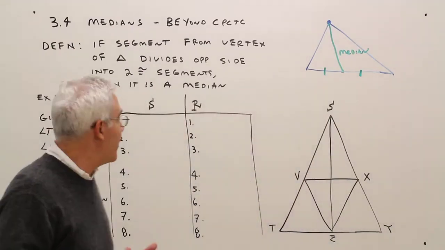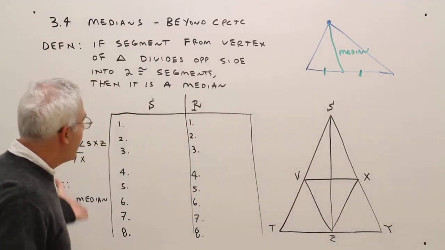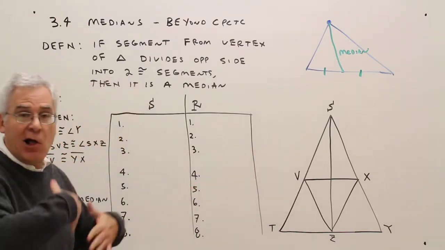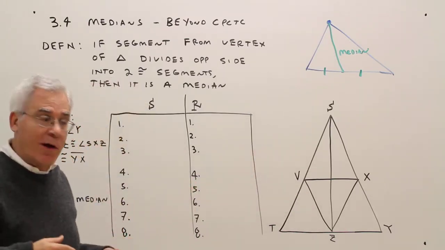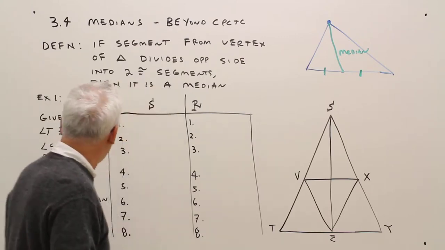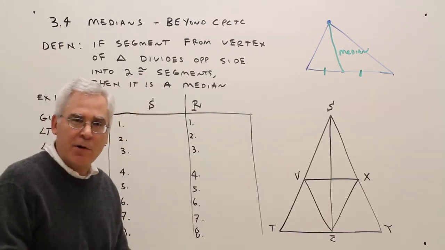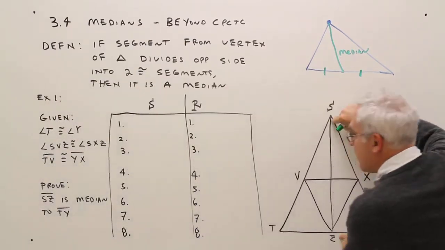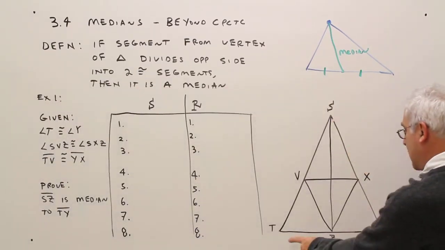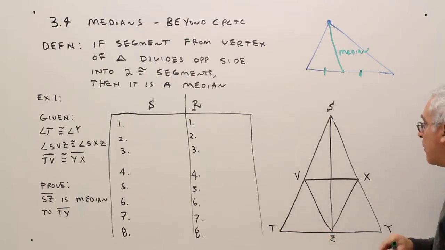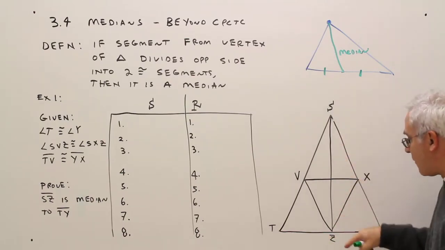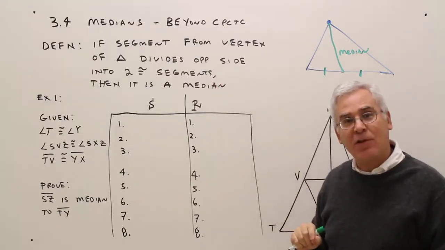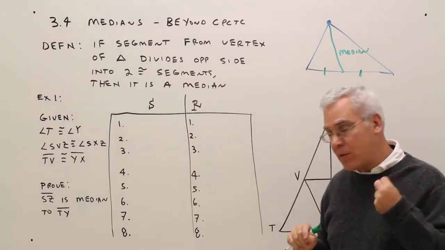Now let's go ahead and do a proof. All right, so example 1 deals with this figure over here. I'll mark it up and put question marks by what I'm trying to prove first. SZ is the median to TY of the big triangle. So if I want to show that SZ is a median, I've got to show that it divides the opposite side into two congruent segments.